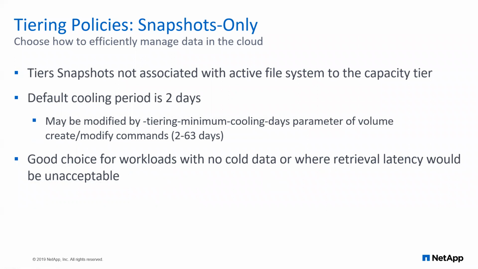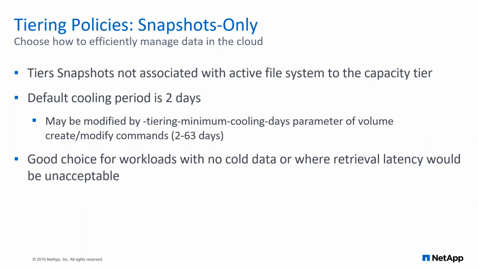By default, the cooling period is 2 days. So once a snapshot becomes 2 days old, assuming that your aggregate is the correct fullness level, that snapshot will just shoot over to the capacity tier. And like I said, the default cooling period is 2 days. You can change this.